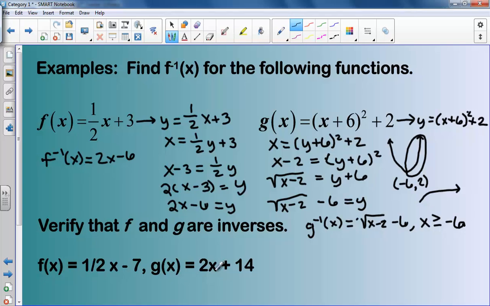If you can't tell for sure, make a table for this one, make a table for this one, see if your x and y values are switched. If you don't like that method, pick one of them. So say we pick 2x plus 14, do the same thing as you did up here and see if you get this as the inverse. If you get this, then yes, they're inverses. If you don't, then no, they're not.